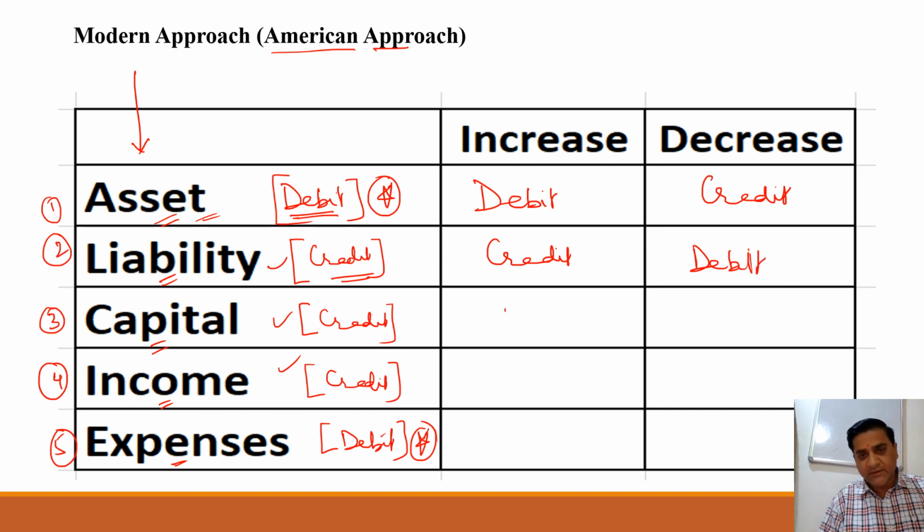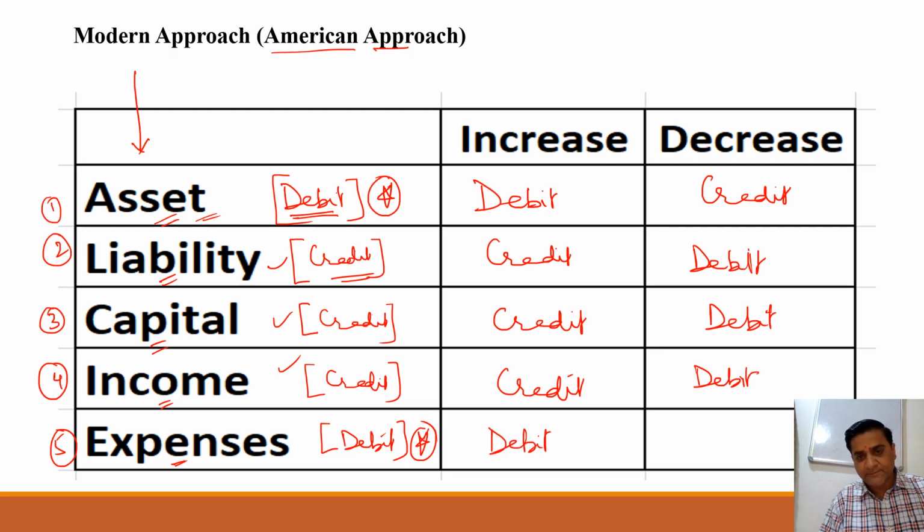Similarly, capital when it increases has to be credited, and when it decreases has to be debited. Income when it increases has the same credit balance, and if it decreases it will have a debit balance. Expenses whenever they increase would be debited, and whenever they decrease they would be credited.